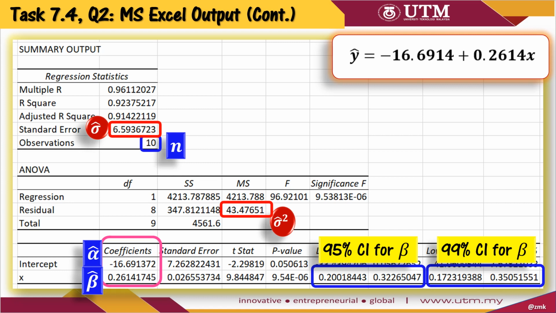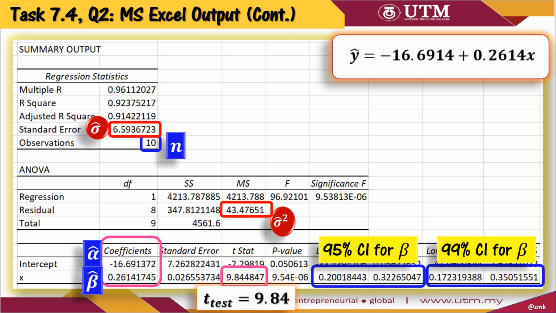Now for a hypothesis test, the information from the Excel output allows you to perform a statistical test on the existence of linearity, or to test the significance of regression where beta is different from 0 in H1. So you can use a t-test approach where the t-test value for testing beta is given here, which is around 9.84.